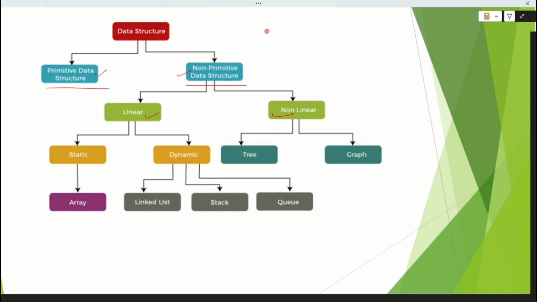In linear, there are static and dynamic. Static includes array, and dynamic includes linked list, stack and queue. These are breakable, but in primitive data types you can't break int or boolean. So these are unbreakable, the simplest form. A primitive can store only one kind of data, but a non-primitive can store multiple types of data. I hope you can see the difference between both of these now.